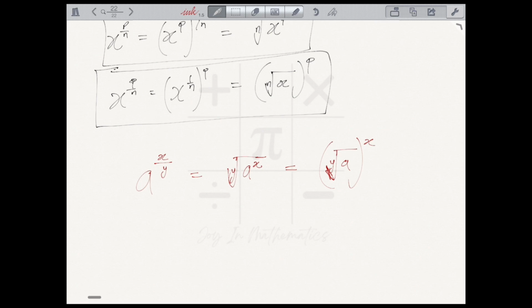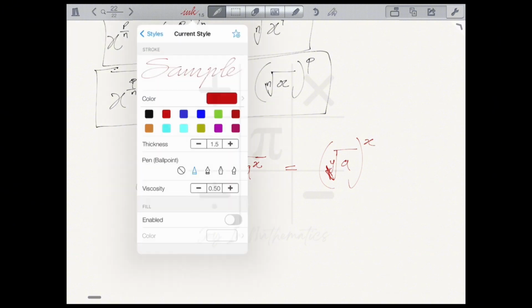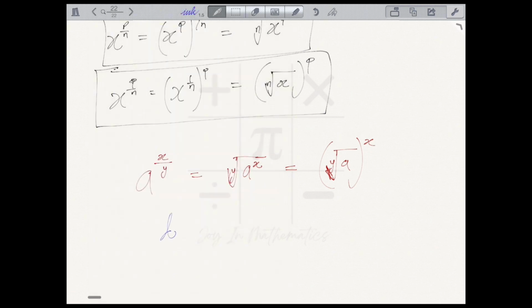So we consider the denominator as the root and the numerator as the power. The denominator is the root and the numerator is the power or index by which the value will be raised.